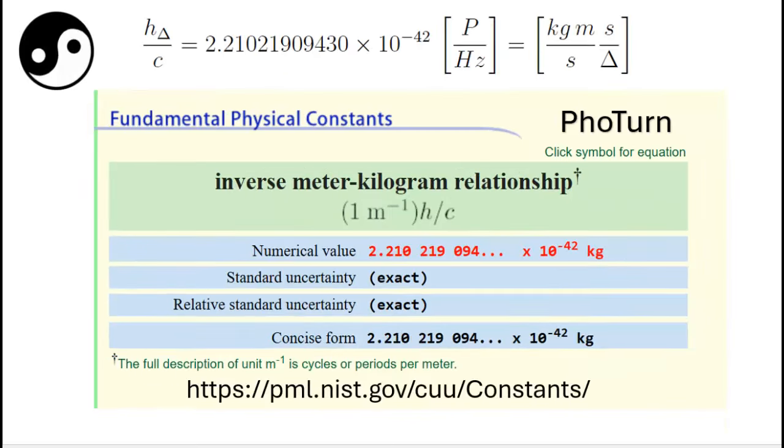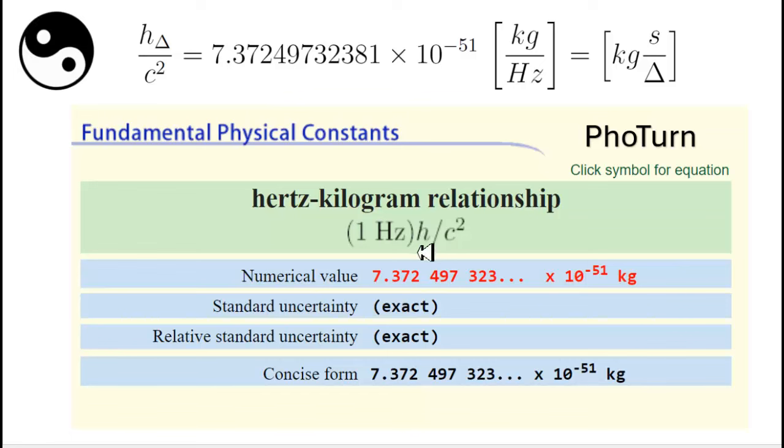This is strange because h over c also had the units of kilogram. So how can h over c have the same units as h over c squared? Well, you can see that the units of h over c squared are kilogram per hertz.